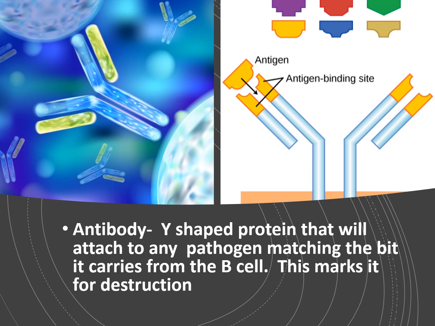Now, anything that matches that pathogen, that antigen, excuse me, that antibody will be recognized. The Y-shaped protein will attach to any pathogen matching the bit that's on its ends.